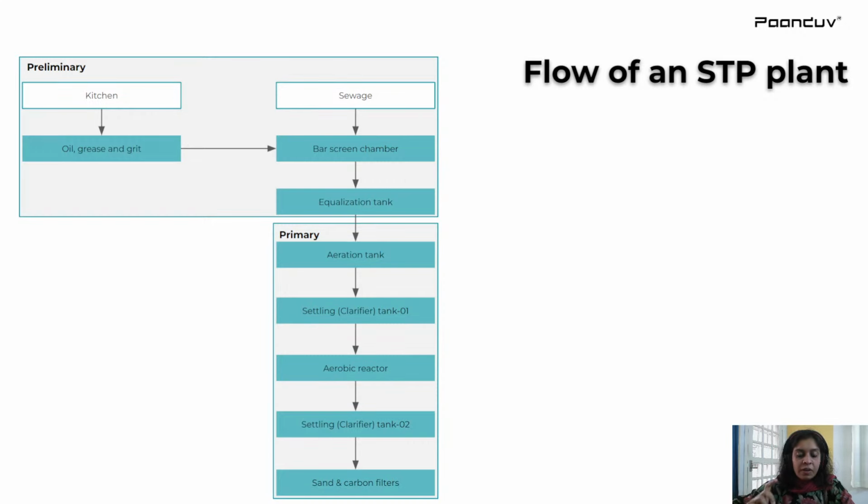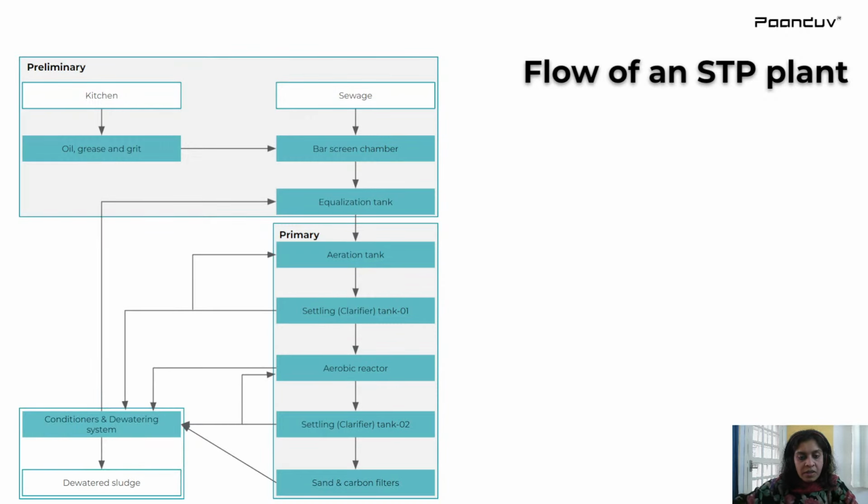This is a gravity sedimentation process. Through these processes, your water is separated out and your sludge goes to the sludge treatment plant, where it is conditioned and dewatered and dried up, and it is disposed of. The water goes back to the equalization tank. You can see all these arrows indicate how the flow of water and sludge is happening.